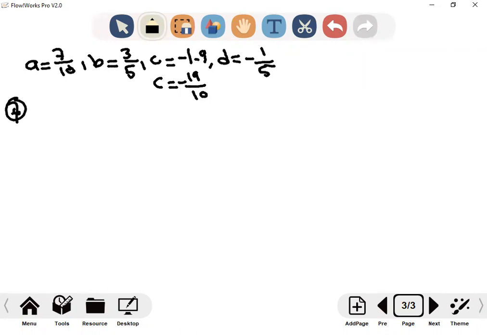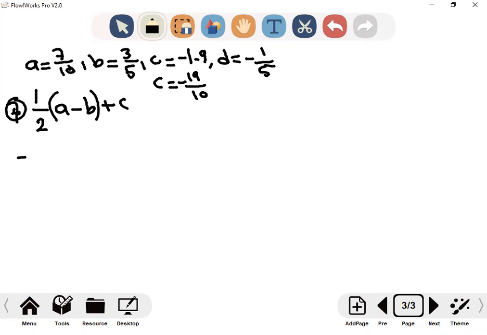Now part 7. We have half, bracket, inside the bracket a minus b, then plus c.